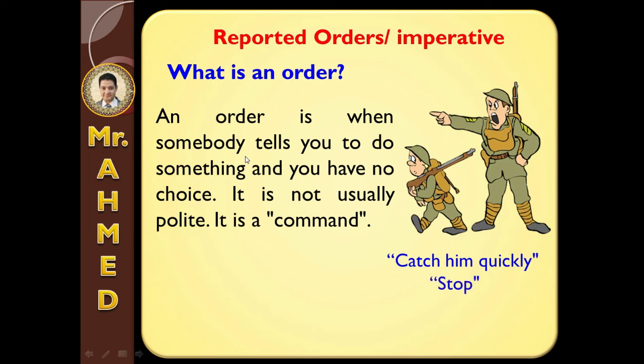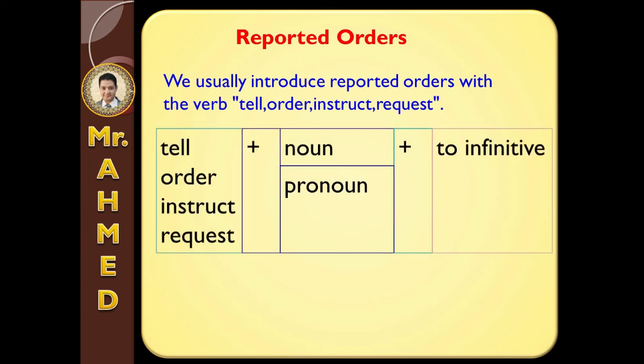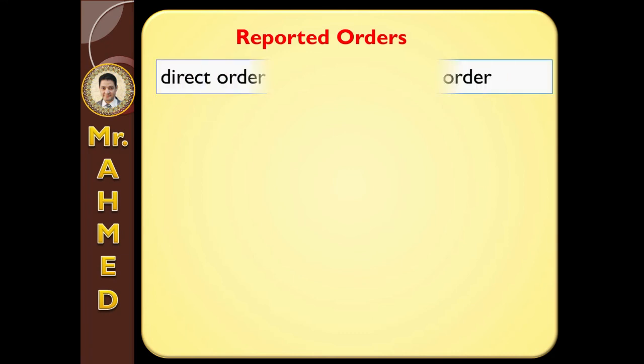All these are imperatives or orders. In this type of sentence, we usually introduce reported orders with the verbs tell, order, instruct, request, or advise, plus noun or pronoun, plus to, plus infinitive.